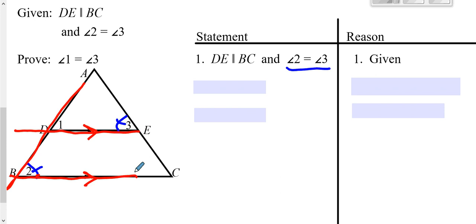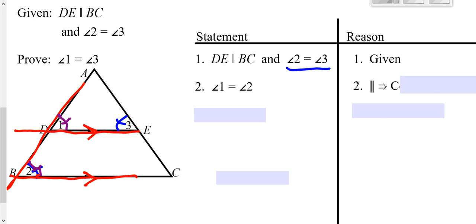For our particular problem, this angle here would have to be the same as this angle down here, because 1 and 2 are corresponding angles. So we can say angle 1 is the same as angle 2. And our reason is we started out with parallel lines, so parallel lines implies that our corresponding angles are equal.